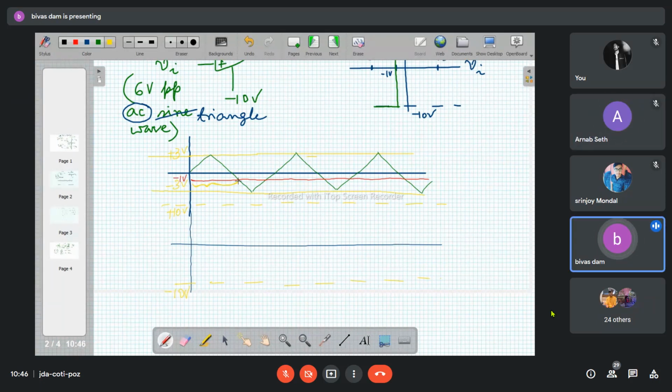Input voltage is greater than the reference voltage. If the input voltage is greater than the reference voltage, my input difference voltage VD is positive. So as the input difference voltage is positive, my output has got to be plus V sat.